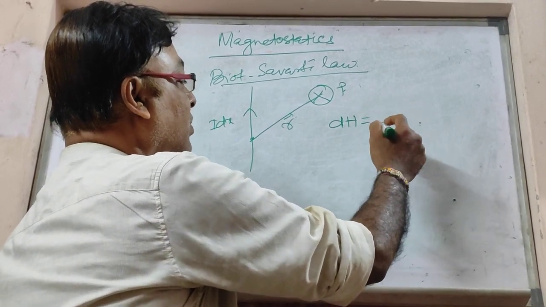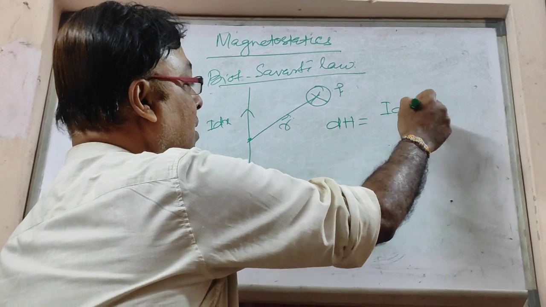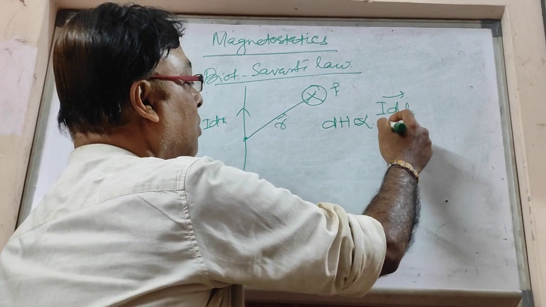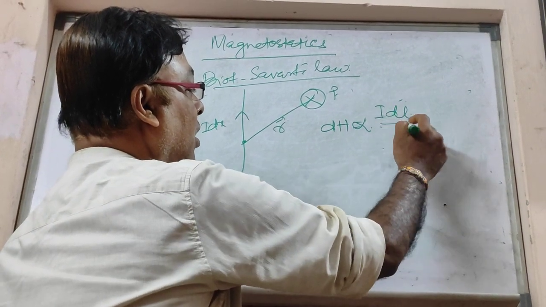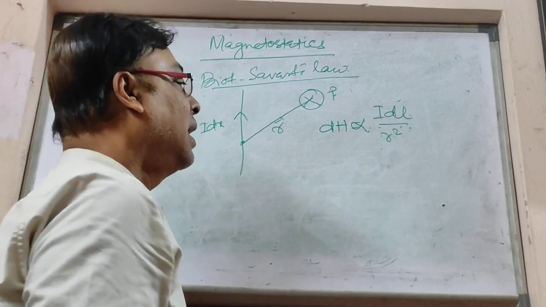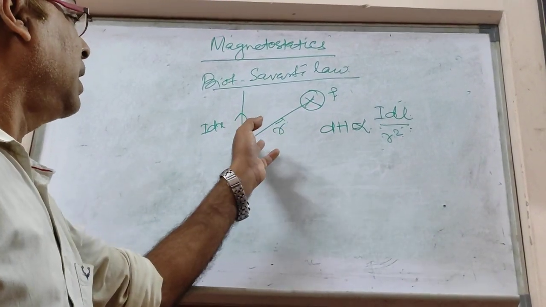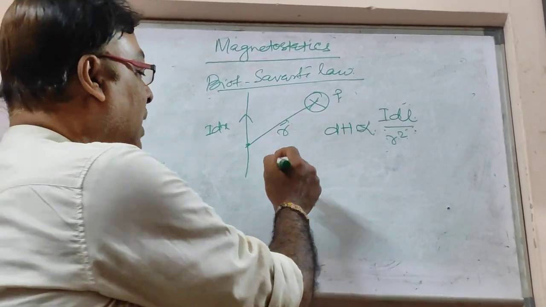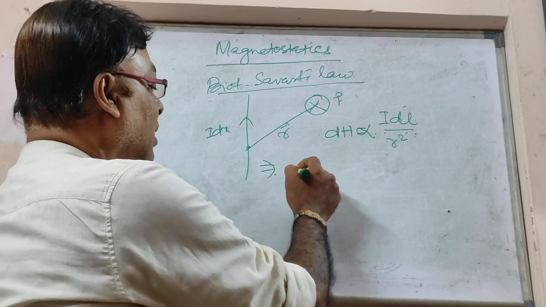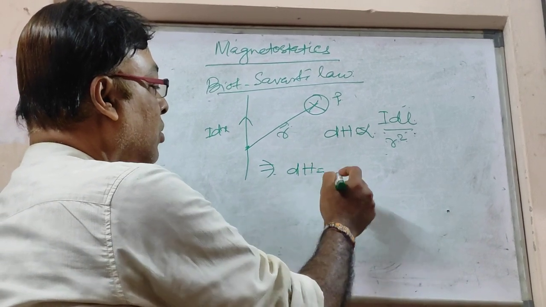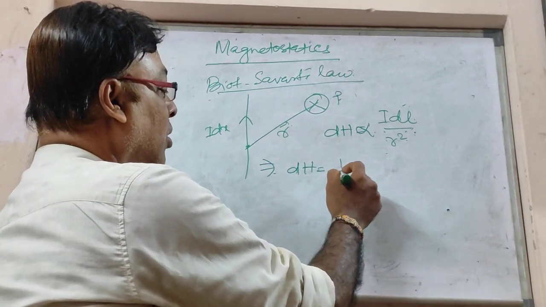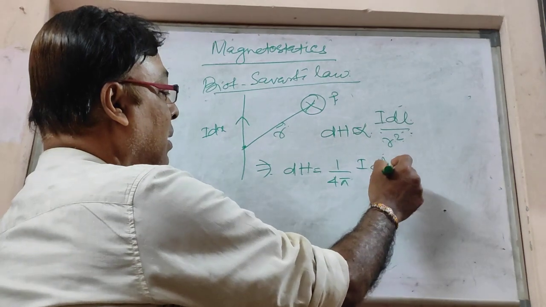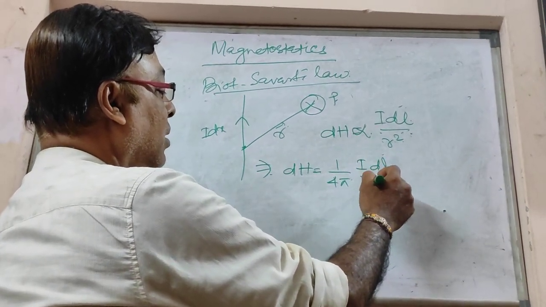So it states that dH is proportional to Idl, and inversely proportional to the square of the distance between the current element and the point P. Now we are taking this scalar form. Mathematically, dH is equal to the constant 1 by 4 pi into Idl divided by R square.